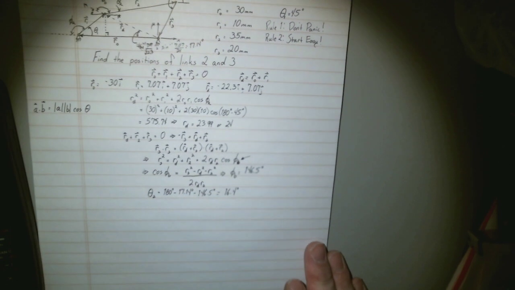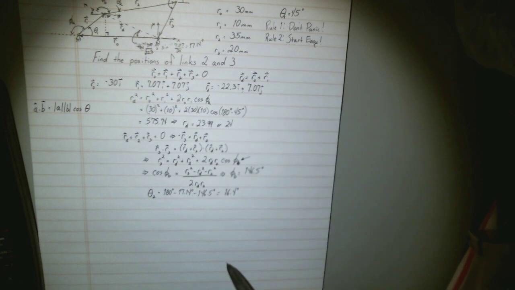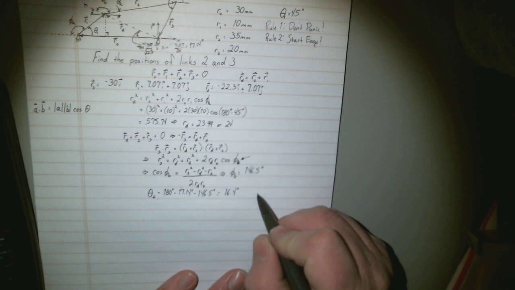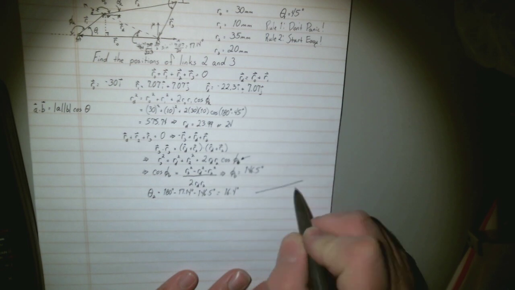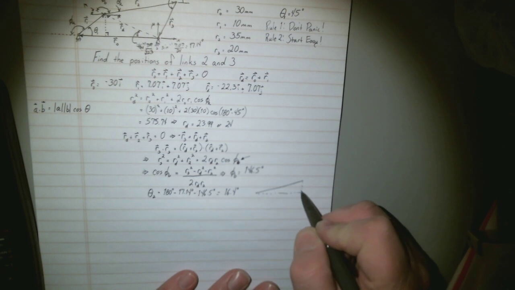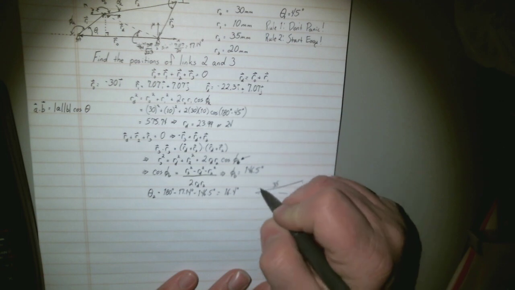Now, if theta 2 is 16.4 degrees and I have its length, all I need to do is decompose that into its i and j components. Drawing here, this length r sub 2 is 35.